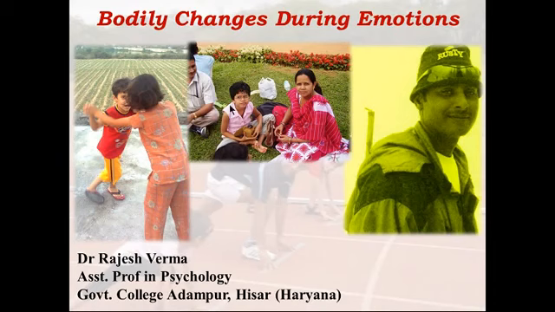These images are representative of various emotional states, and during these emotional states we are going to discuss what internal changes go on inside our body. Not only internal changes, we are going to discuss external changes too.